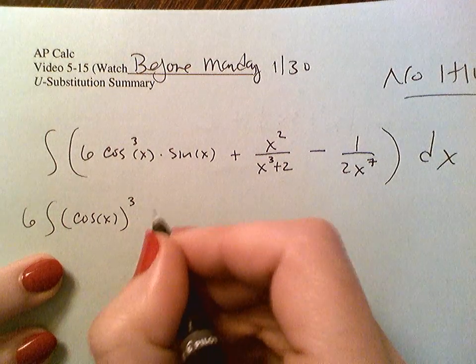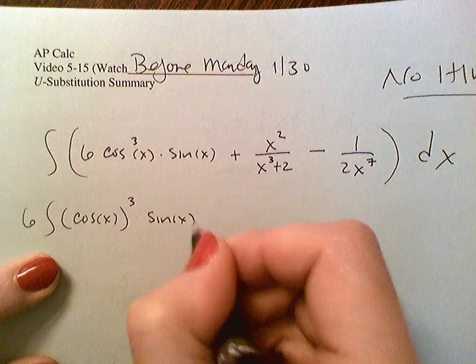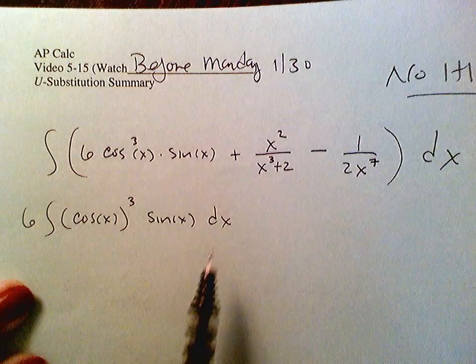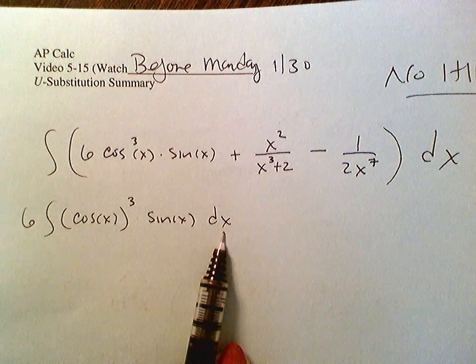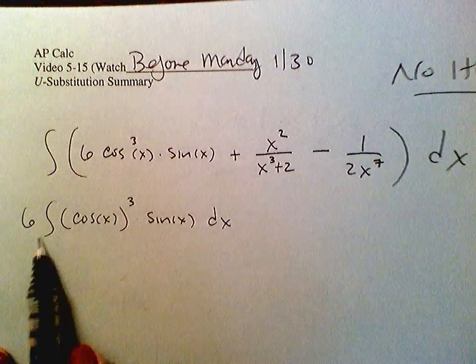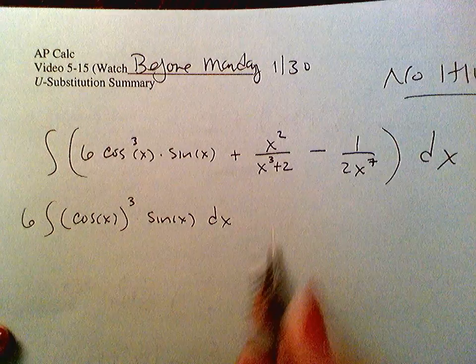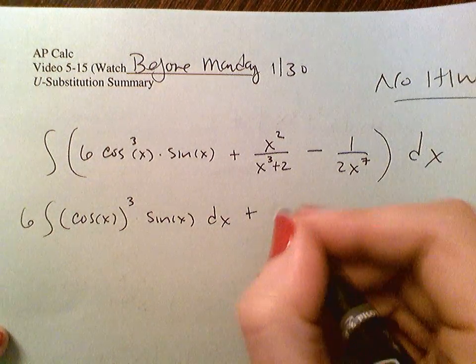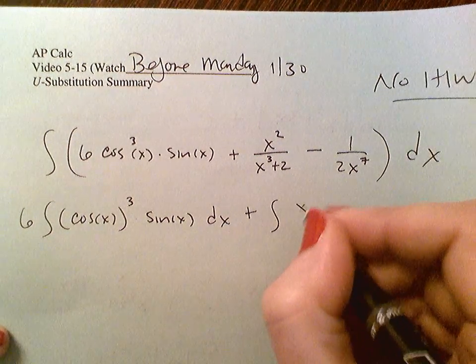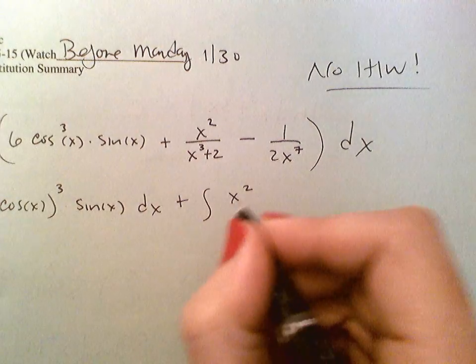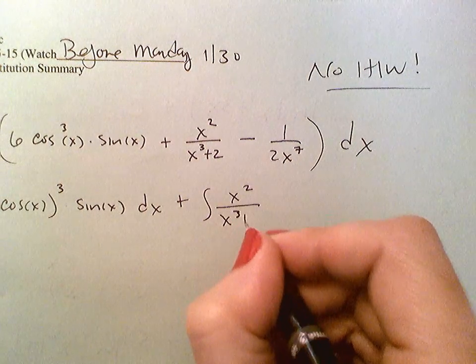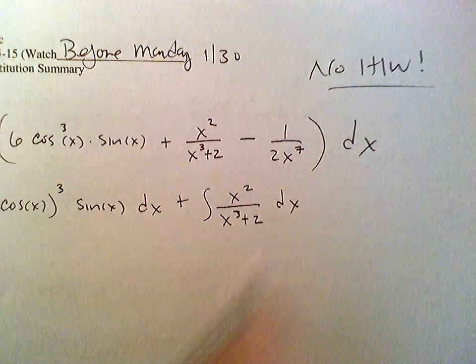Then times sine of x dx. That dx basically is saying that I'm stopping this antiderivative.